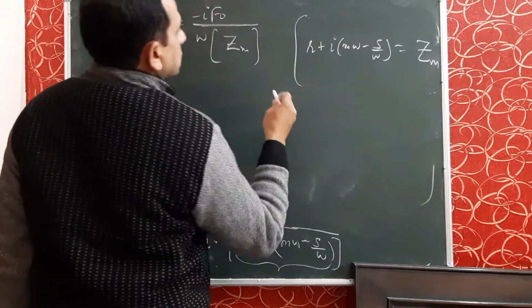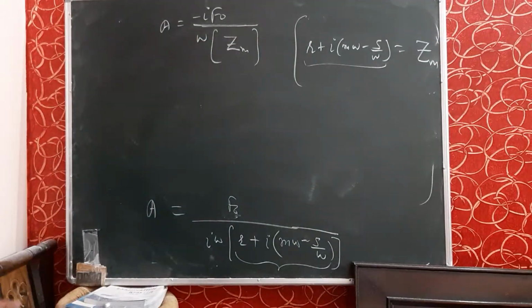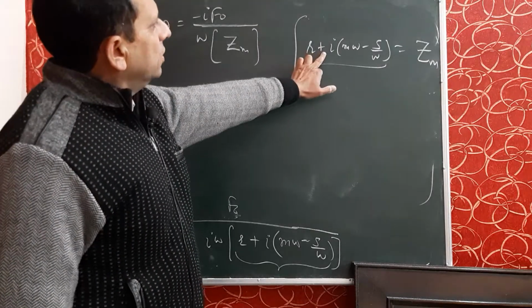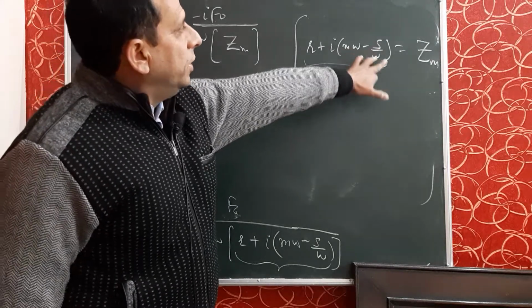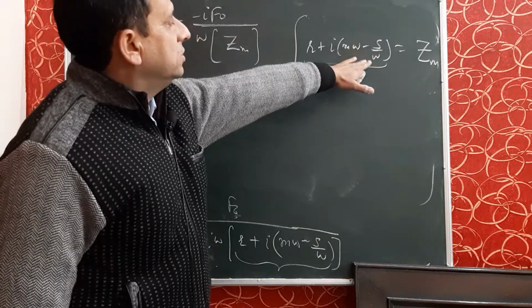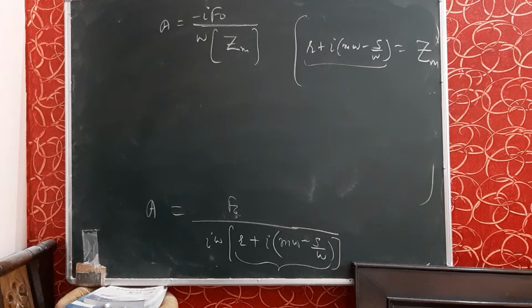So what is this? It is just like impedance. As you know, in the case of an LCR circuit or an electrical circuit, this is R plus XL minus XC. So it is the same as impedance.